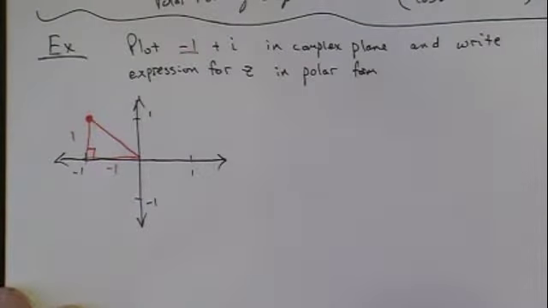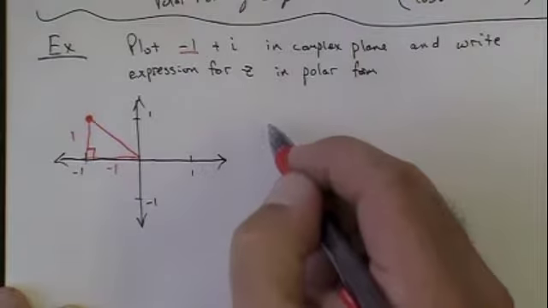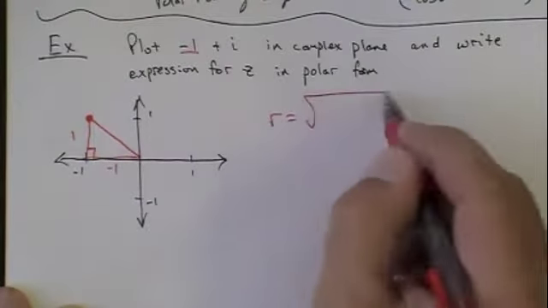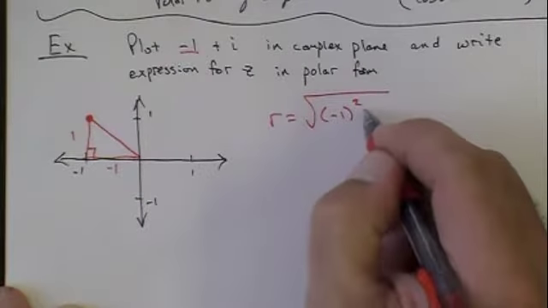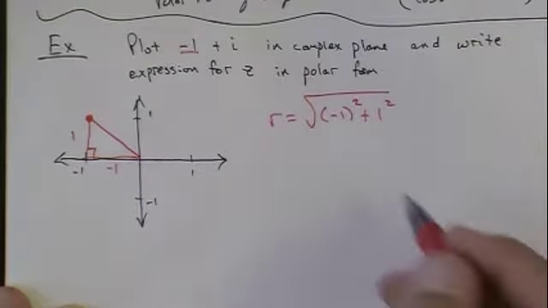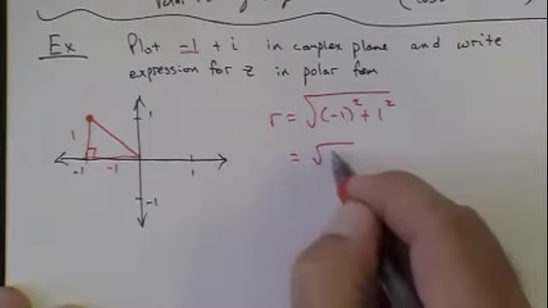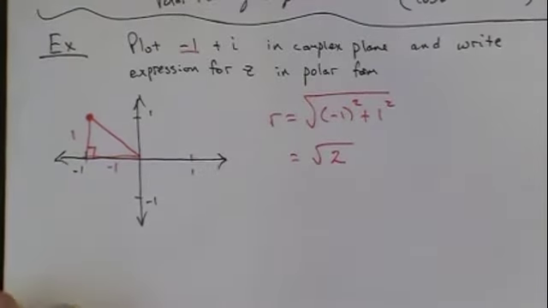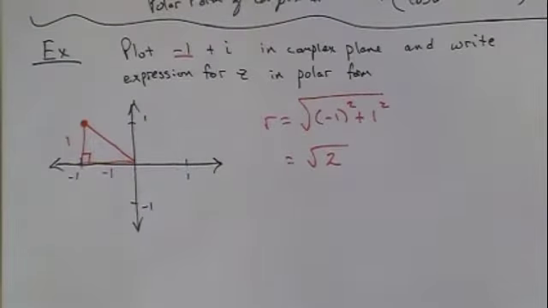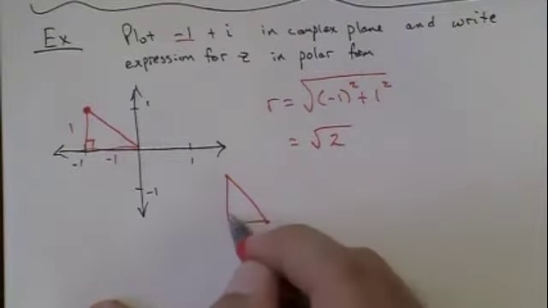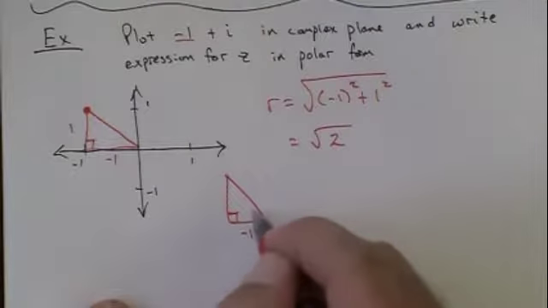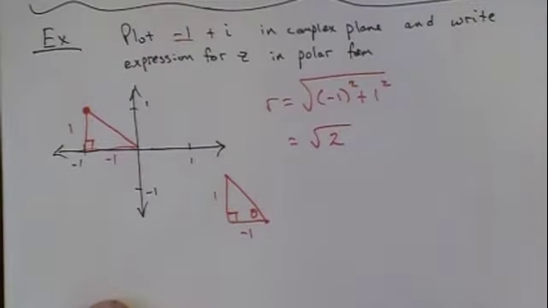Now as far as writing our expression, well, we know that r is equal to the square root of -1 squared plus 1 squared. So that gives us the square root of 2. Now we also have here, think about our triangle here, where we have -1, here's our theta, here's a +1.